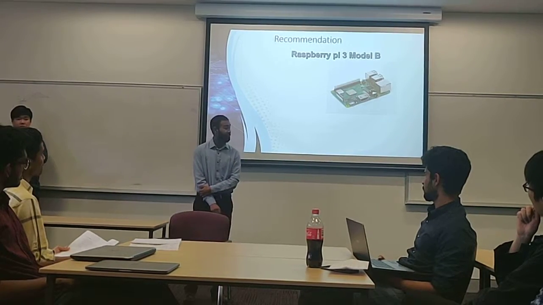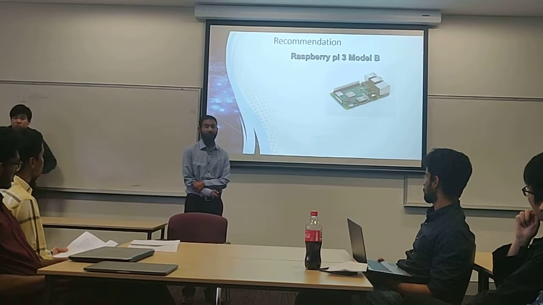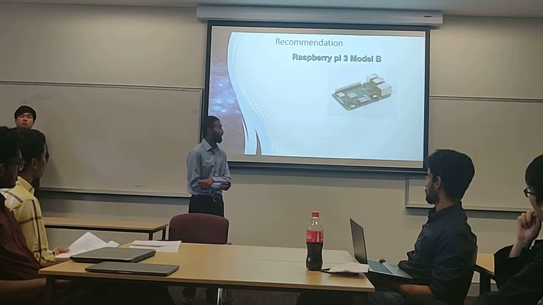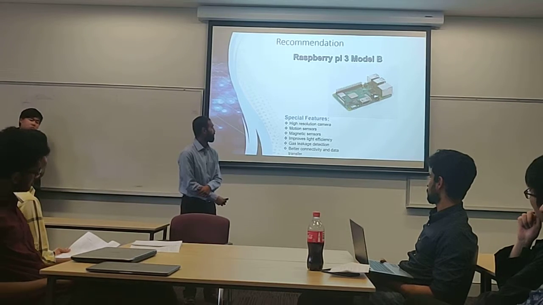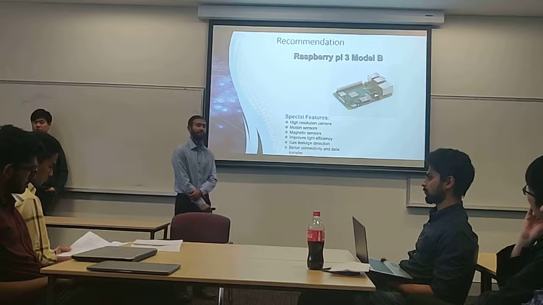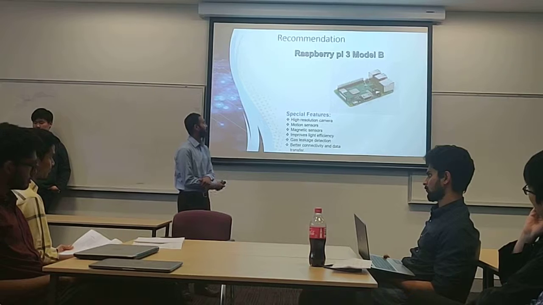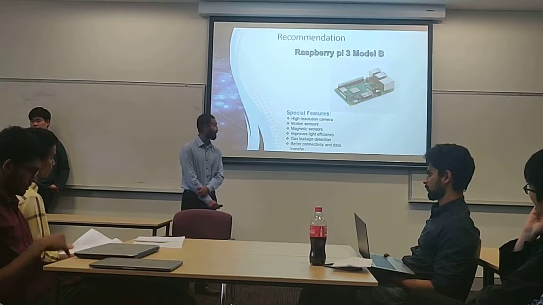Now in the end, our team would like to recommend the Raspberry Pi 3 Model B as the base technology of IoT. The special features of this device are, first of all, it is a small card-shaped computer, and it can support high-definition cameras.